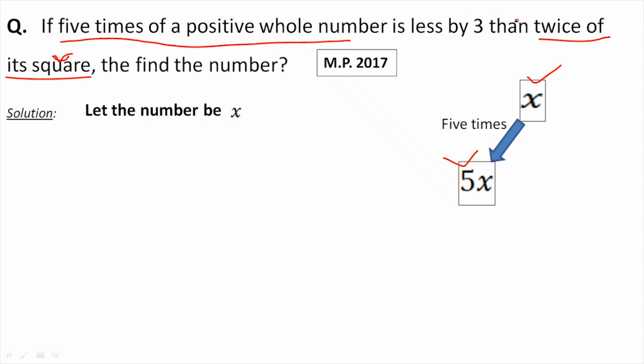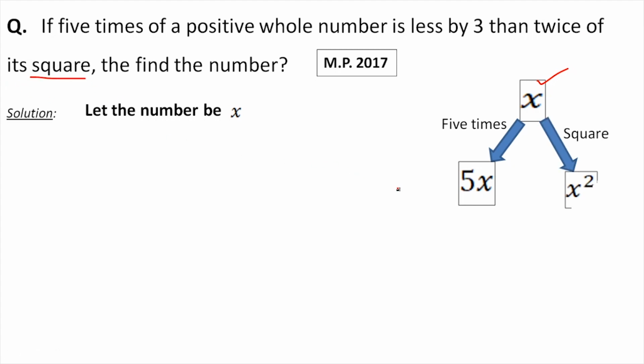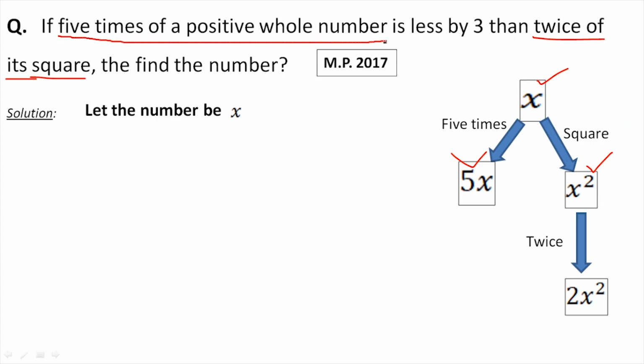If this is the number, its square will be x square, and twice of this square will become 2x square. So this is twice of its square, and this is 5 times the positive whole number.